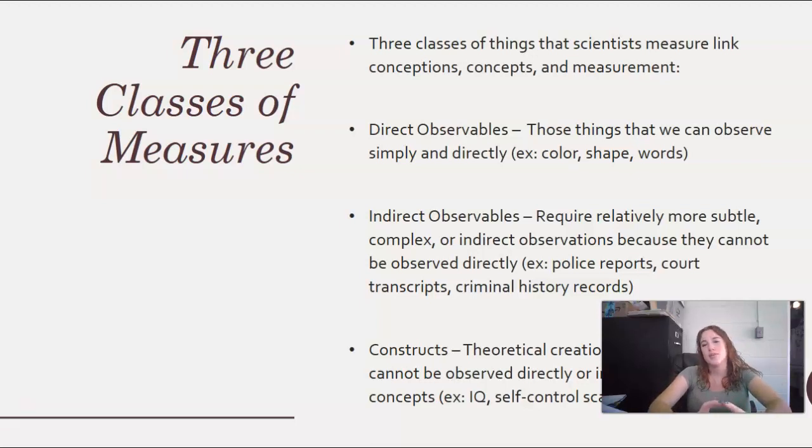We come up with an IQ score. And so the resulting IQ score is a way to talk about someone's intelligence. And the higher their IQ score is, it's assumed that that person has a higher level of intelligence. So this is how we measure our concepts.